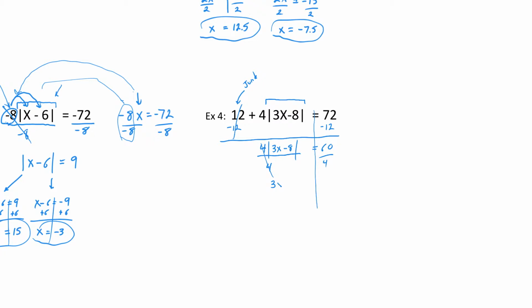So I get 3x minus 8 equals 15. And now the absolute values are by themselves. So the famous 2 sticks, 2 equations. 3x minus 8 equals positive 15. And 3x minus 8 equals negative 15. And again, once we get to here, most of you guys are no problem.